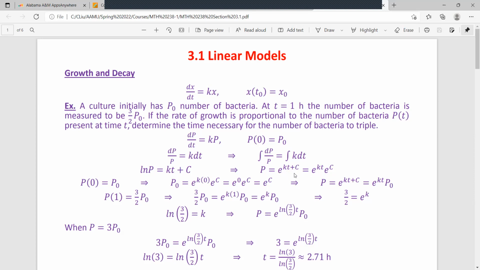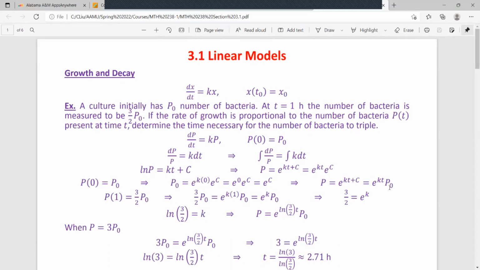That's a standard procedure to solve an initial value problem, remember? So we get e to the 0 times e to the C, but e to the 0 is 1. So we have e to the C equal to P0. We just determined this arbitrary constant e to the C, and that's just P0. So we can write down the solution to the initial value problem as P equals e to the kt times P0.